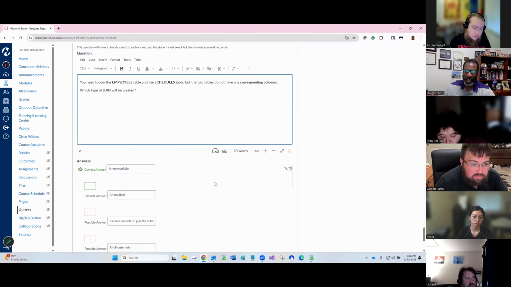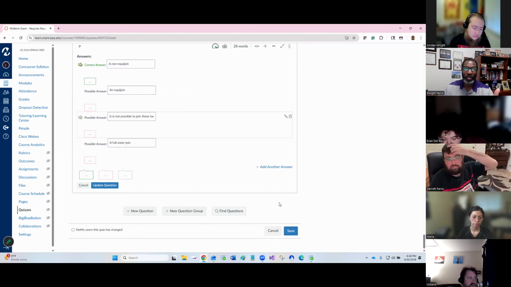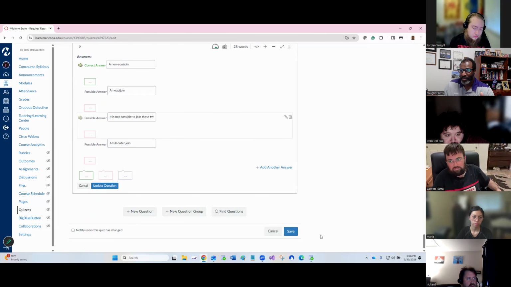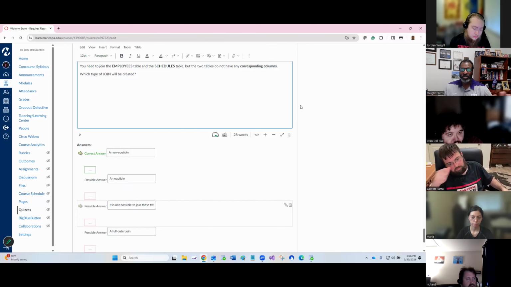So the correct answer, instead of it's not possible to join these two, is that it's always possible to join. It doesn't even matter if you don't have corresponding tables. If you need to force the join, which happens a lot, you just figure out the appropriate table, and that's always categorized as a non-equal join.